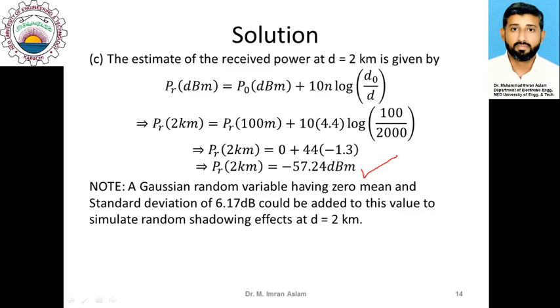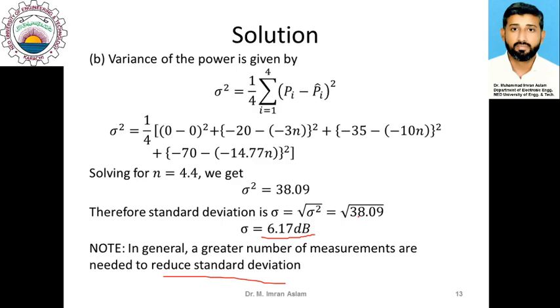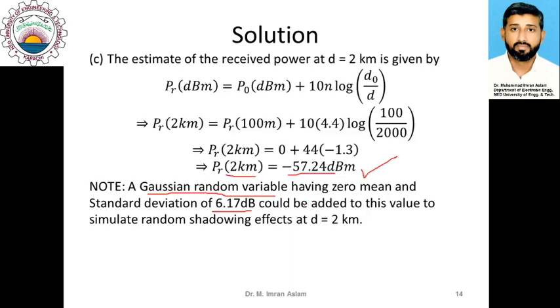You can see that this is a constant value which represents the mean value of the power received at 2 kilometers. Actual values will be different. How much different would they be? We have already calculated that the difference would be a Gaussian random variable with a standard deviation of 6.17 dB, which we calculated in part B. So the shadowing effect in this received power will be modeled by a Gaussian random variable.